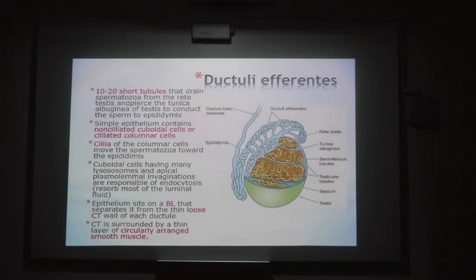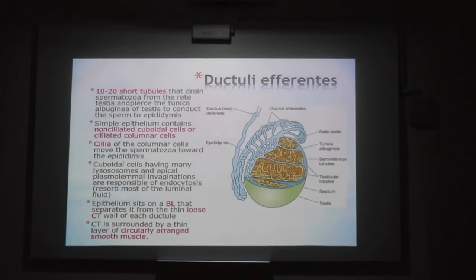The epithelium here consists of non-ciliated cuboidal epithelium or ciliated columnar epithelium. So there are two types of epithelium here: tall columnar cells, which are ciliated, and short cuboidal cells, which are non-ciliated.